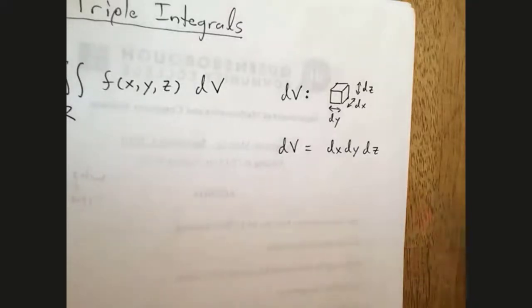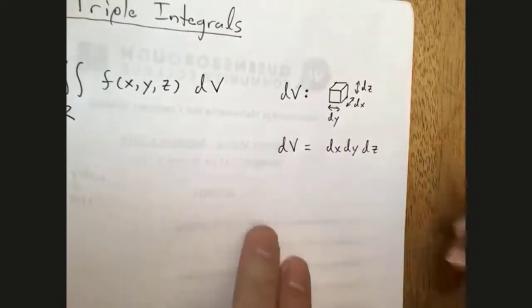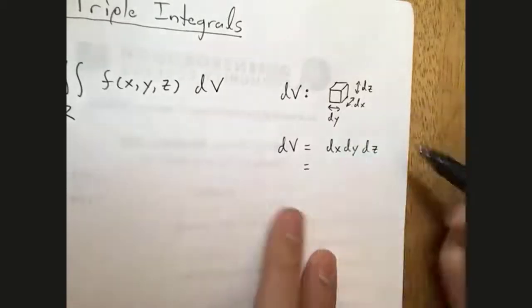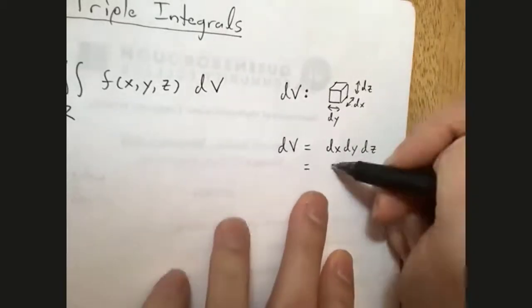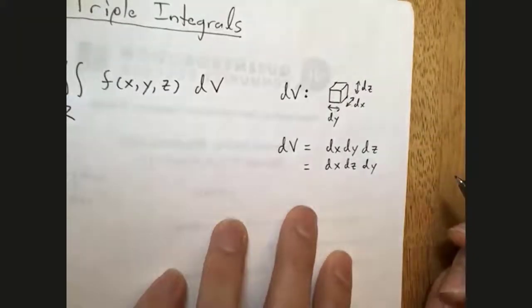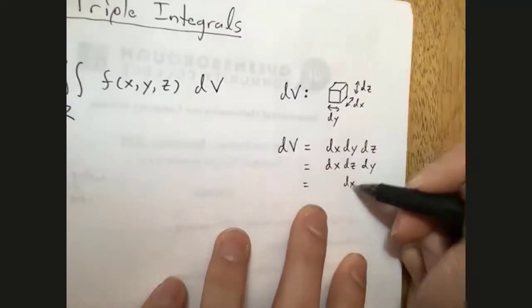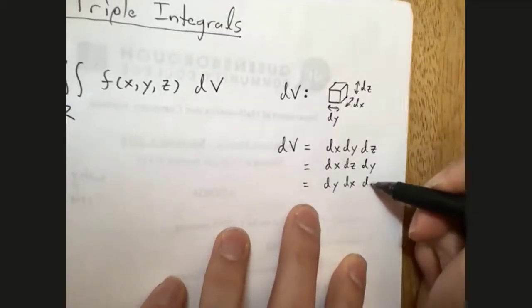So when we did the dA, we saw that we could write it as dx dy or dy dx. Well, dV, you can mix these up as well. You could write it dx dy dz. You could do dx dz dy. You could do, let's put the dx in the middle, dy dx dz.